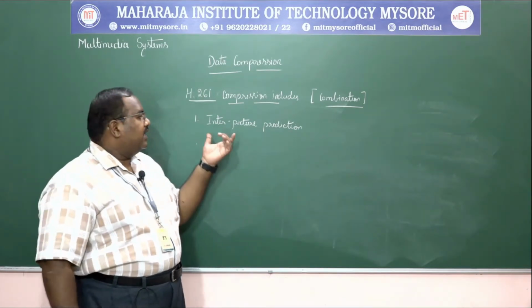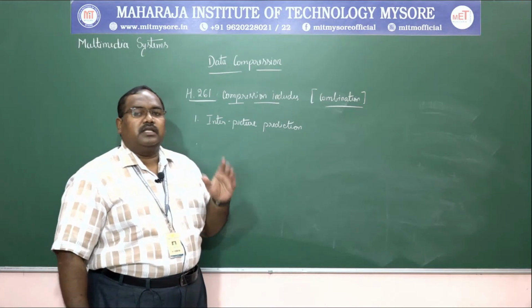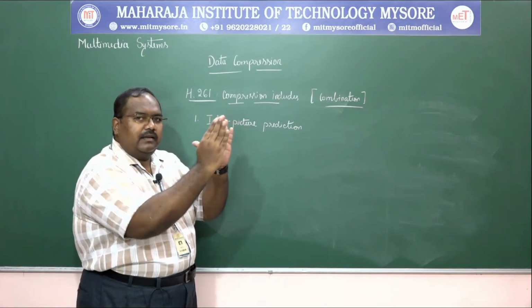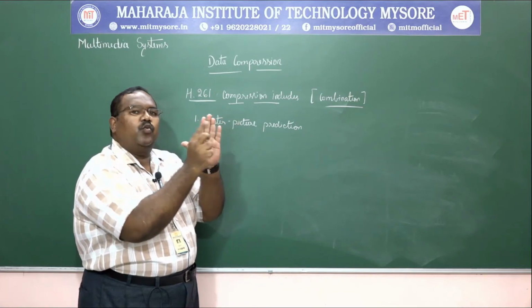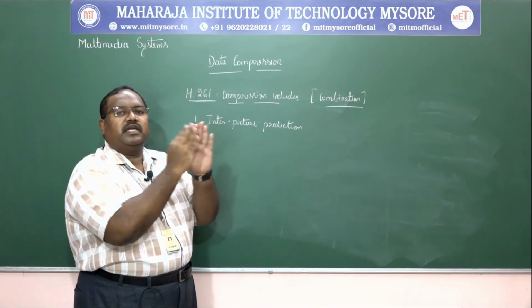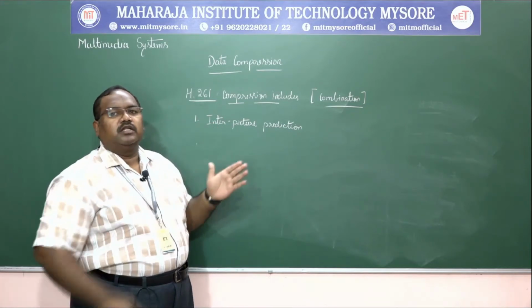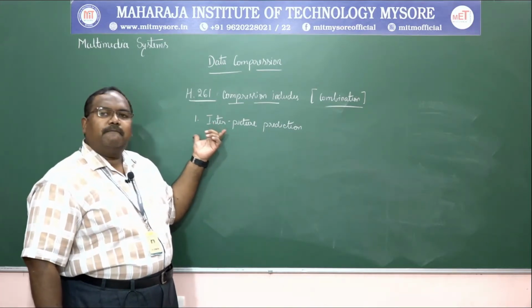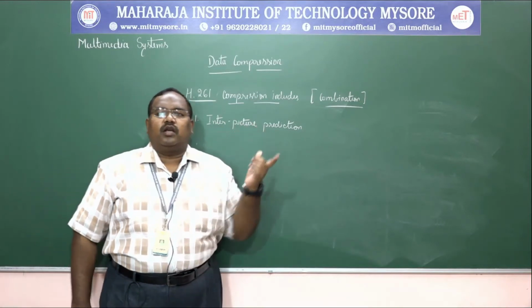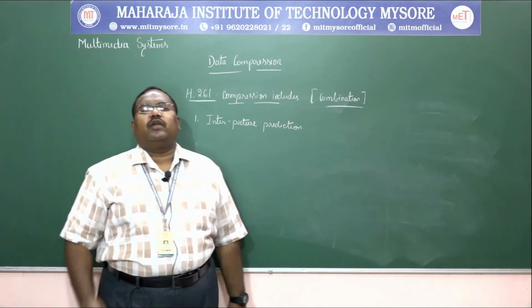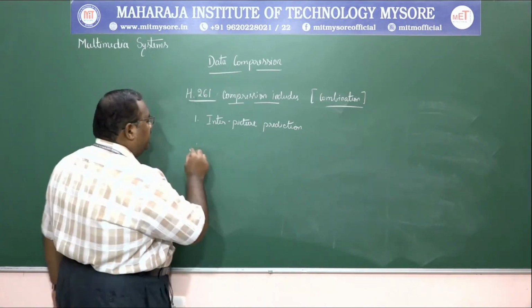This is called inter-picture prediction: we predict between one frame and another, assuming the in-between frames are similar, so we compress it. When we compress it, the storage size is totally reduced. That is about inter-picture prediction, which is the removal of temporal redundancy. The second one is transform coding.